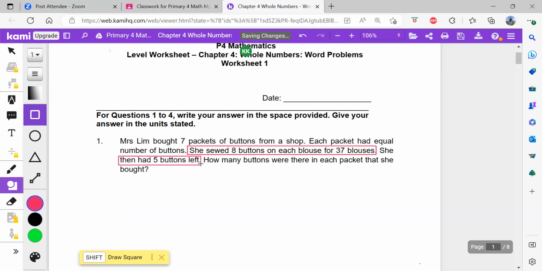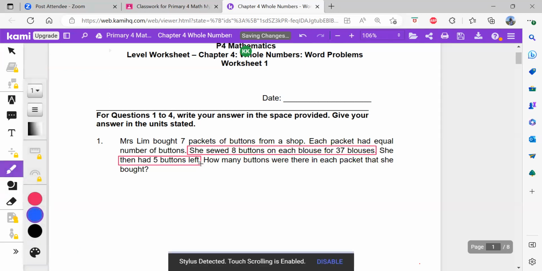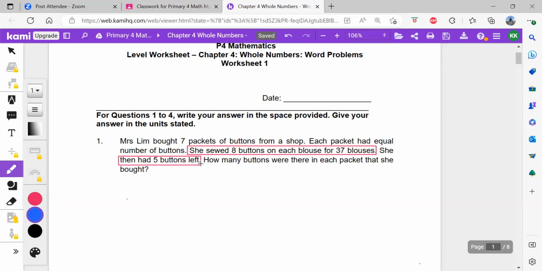So how am I going to draw out this sentence if I were to want to draw it out? Yeah, so I'm going to draw out the 37 blouses. Of course, I'm not going to draw really 37. I'm just going to illustrate it by like 1 blouse, 2 blouse, and I have a total of 37 blouses.